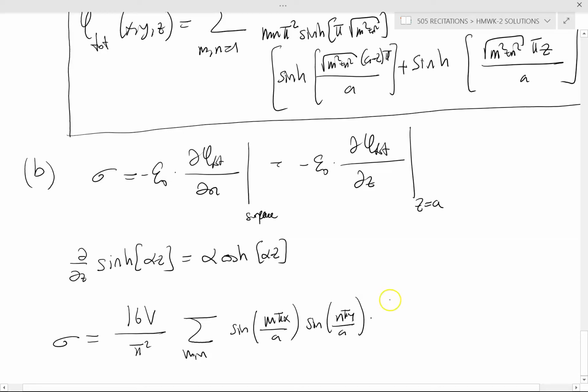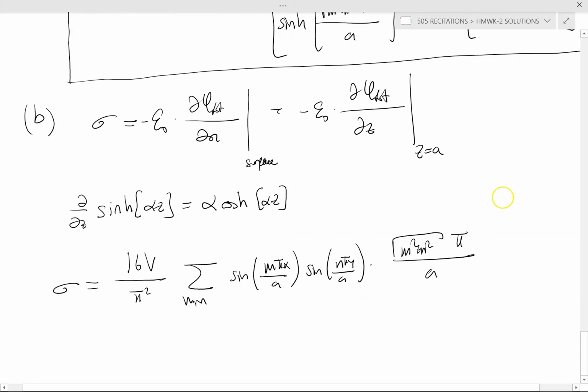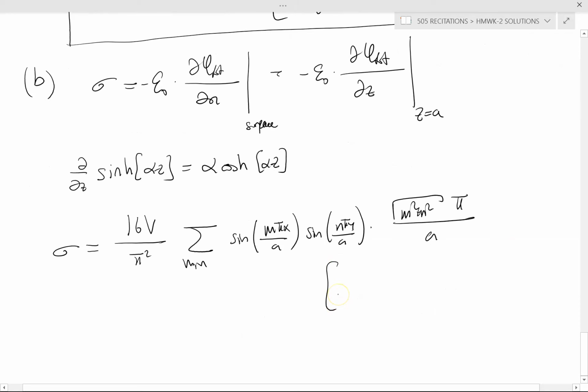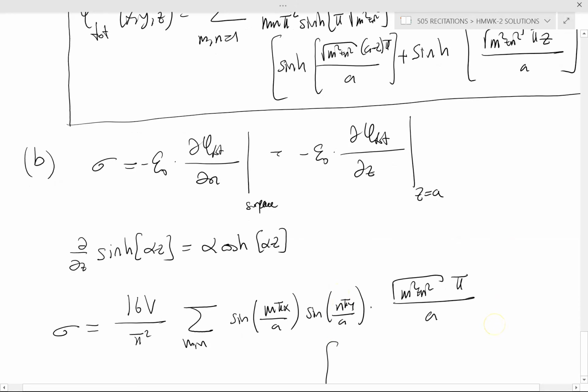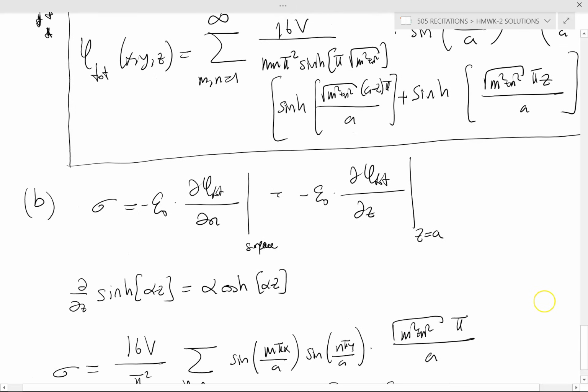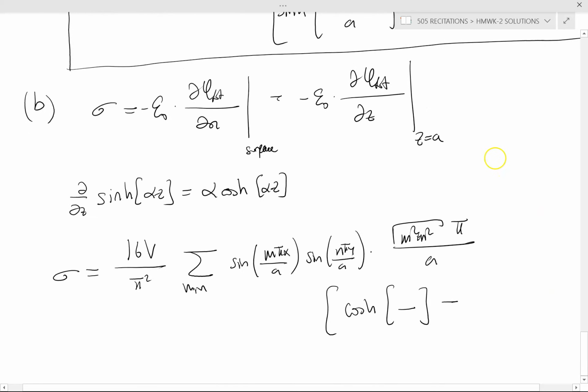In this case they are m square n square pi divided by a, multiplied by, this gives me cos of the same argument minus, this gives me cos again of the same argument.